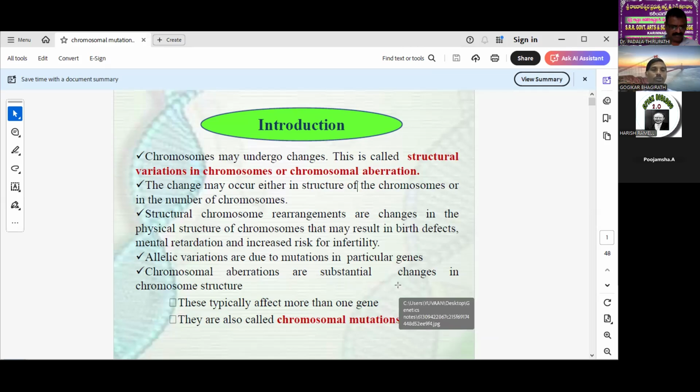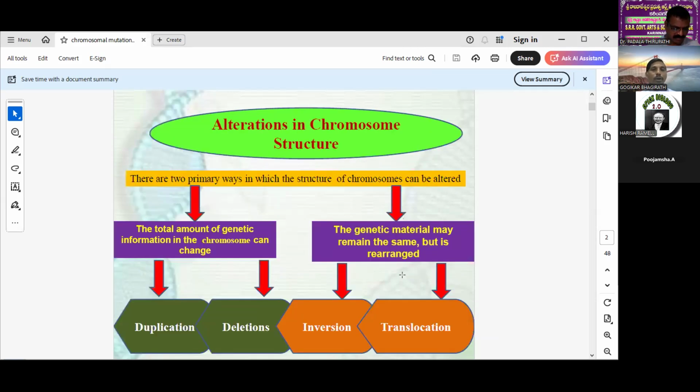These structural chromosome changes are divided into mainly four categories. There are two primary ways in which the structure of a chromosome can be altered. For example, in a diploid cell, the chromosomes are arranged in pairs or sets.